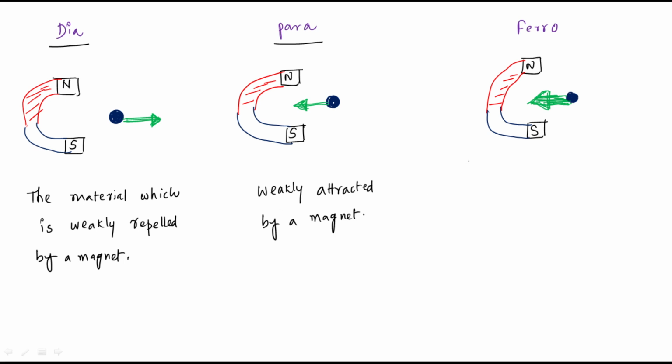Then what is ferromagnetic material? Strongly attracted by a magnet. It's nothing but diamagnetic, paramagnetic as well as ferromagnetic material.